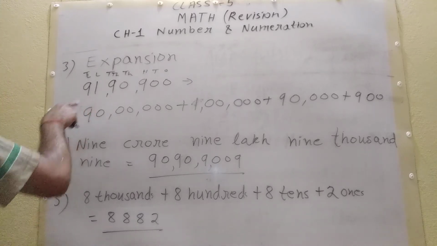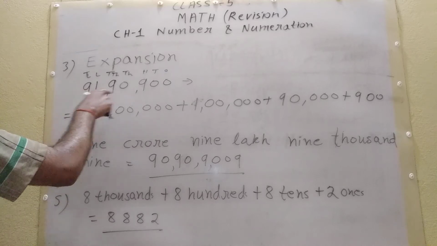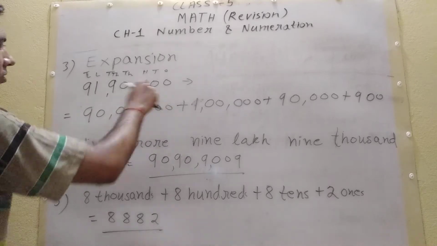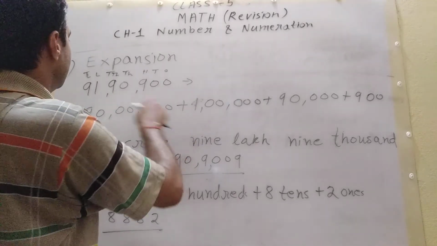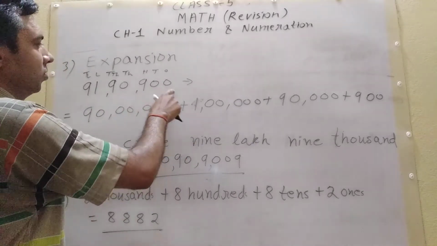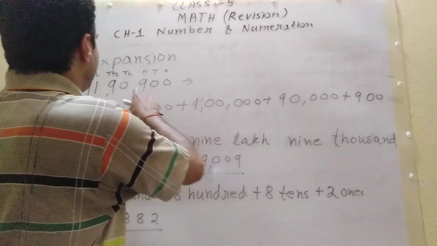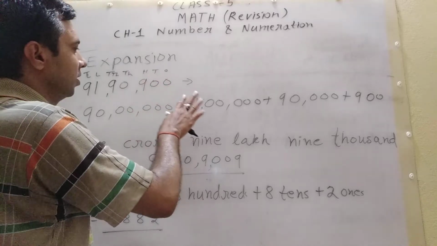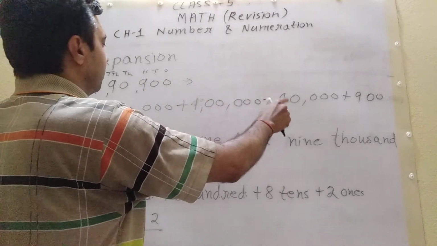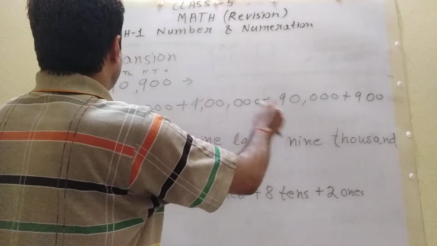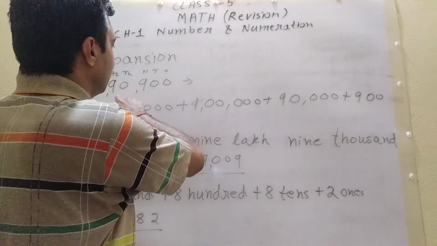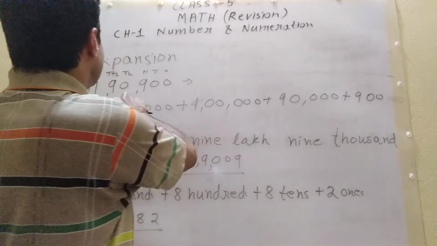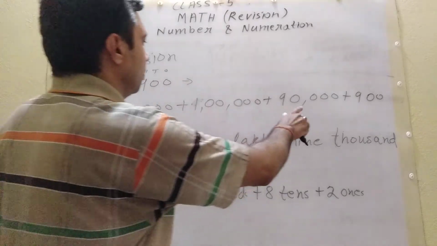Once again, 9, rest of the digits 0, 0 0 0 0 0 0, plus 1 0 0 0 0 0, plus here it is 0, so no need to do anything, plus 9, plus 9 and 0 0 0 0.